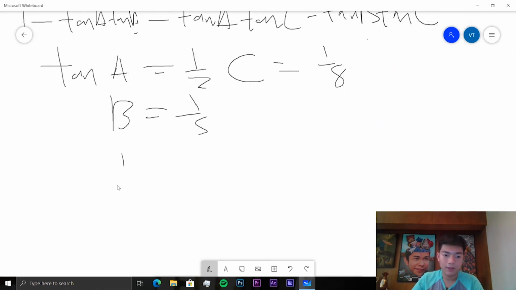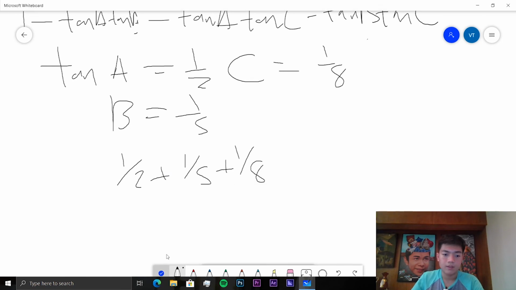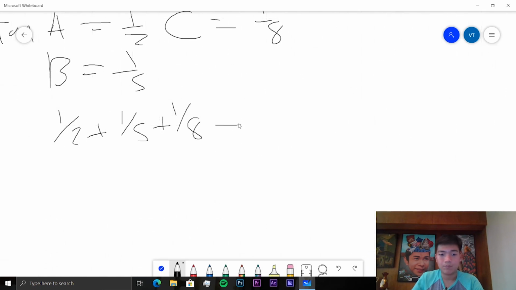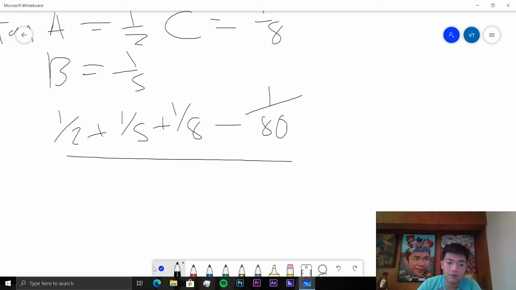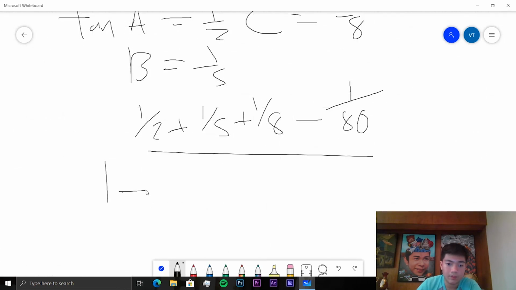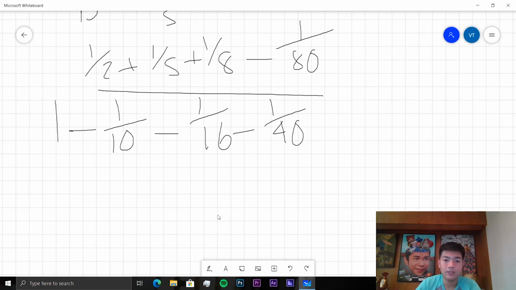So we have 1/2 plus 1/5 plus 1/8 minus all of them multiplied together, so minus 1 over 80, all over 1 minus tan A tan B, so that's 1/10, minus tan A tan C minus tan B tan C.